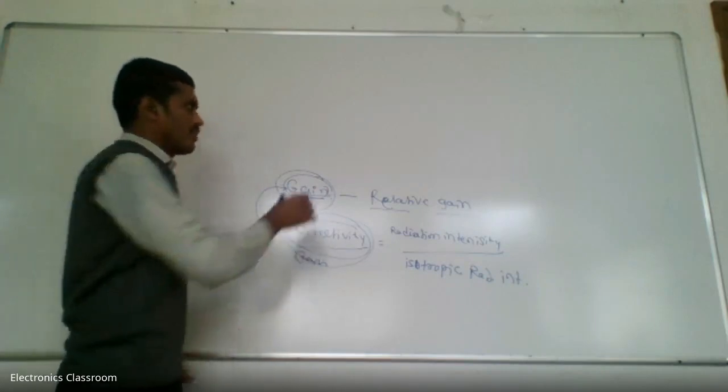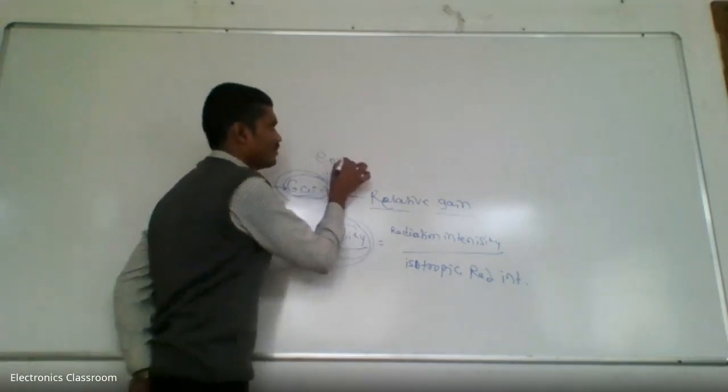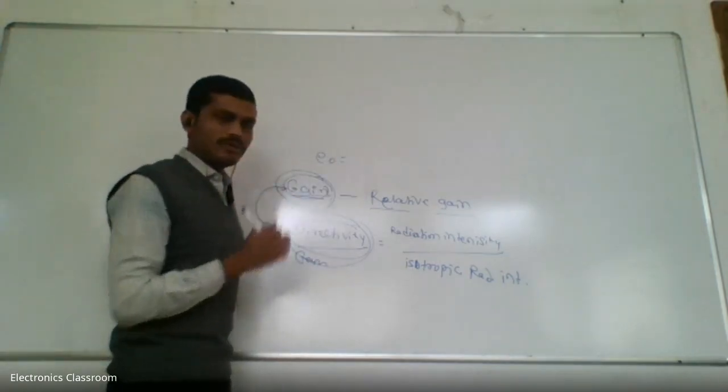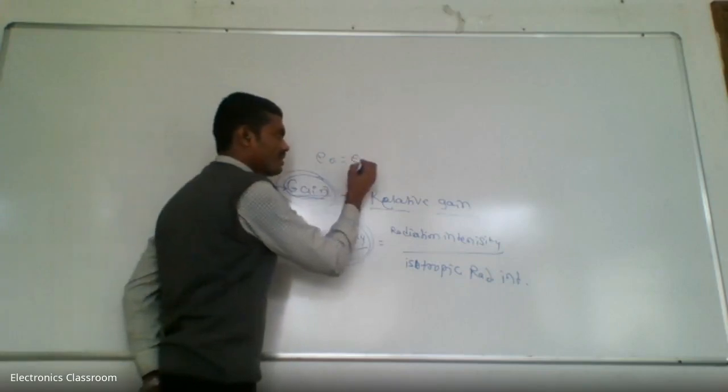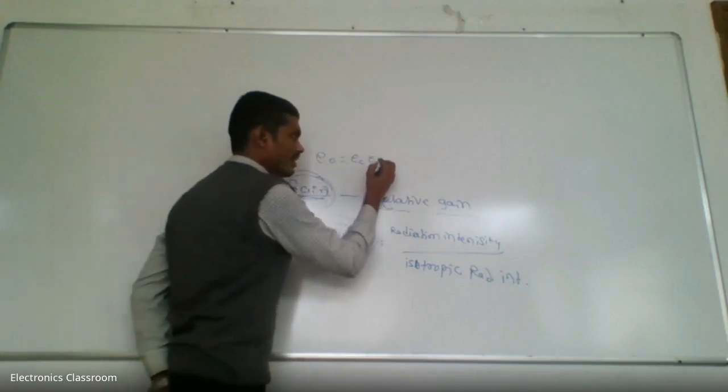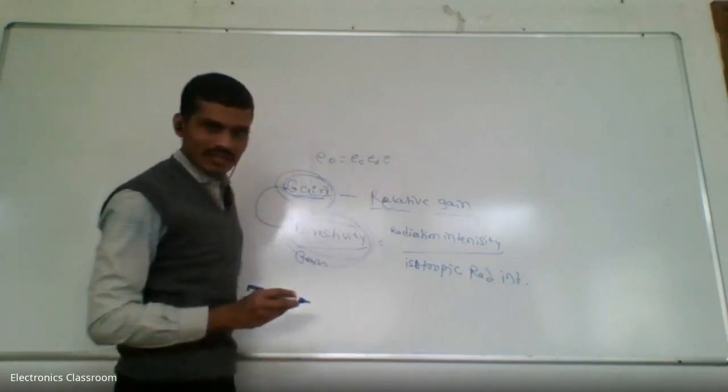Now the efficiency of the antenna is equal to e0 into ec into ed into er. What is the r?